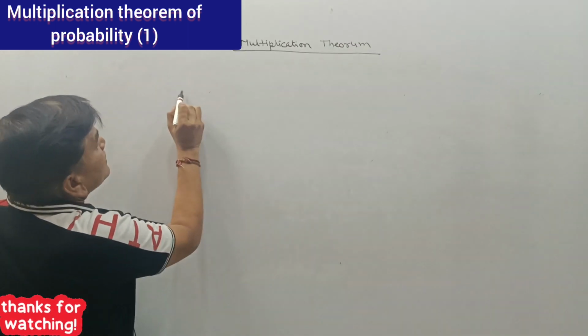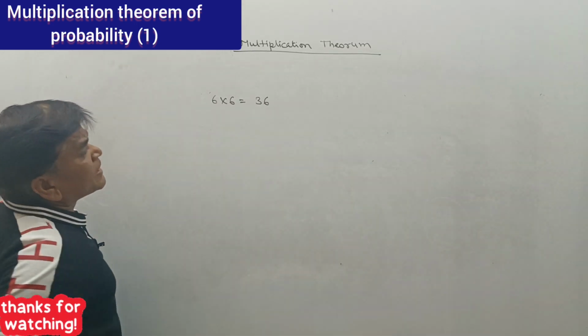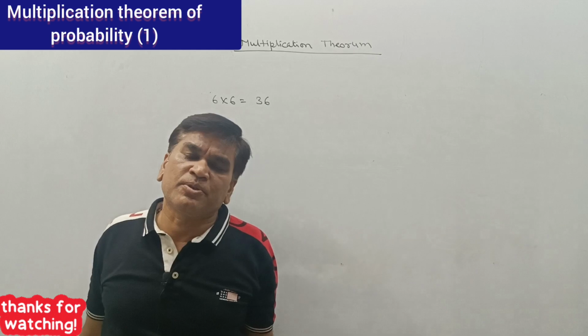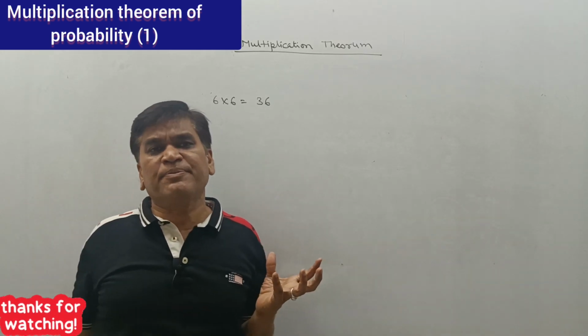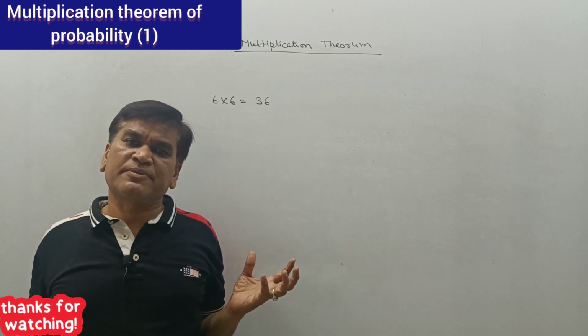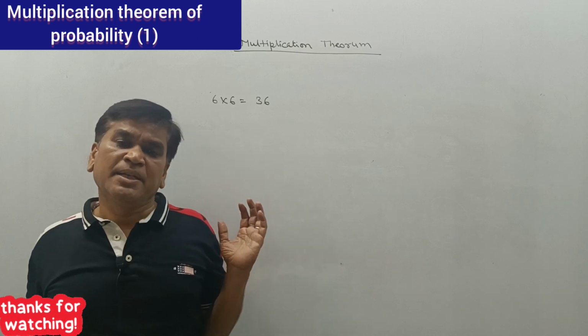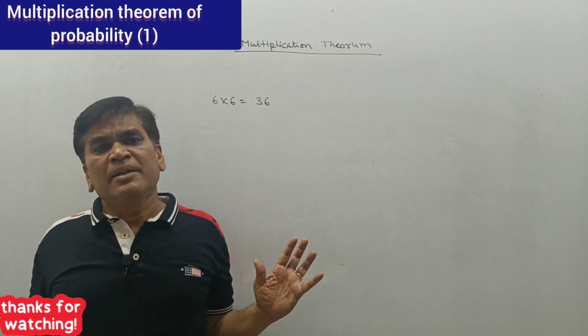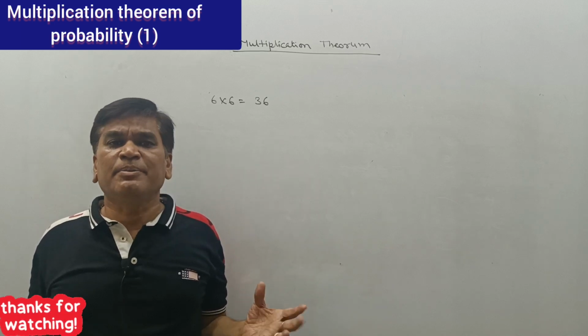In a dice, 6 multiplied by 6, the total number of events will be 36, because 2 dice are there. Already we have gone through the example of this: 1 1, 1 2, 1 3, 1 4, 1 5, 1 6, up to 6 1, 6 2, 6 3, 6 4, 6 5, 6 6. Already we have learned that if 2 dice are thrown simultaneously, the events will be 36.